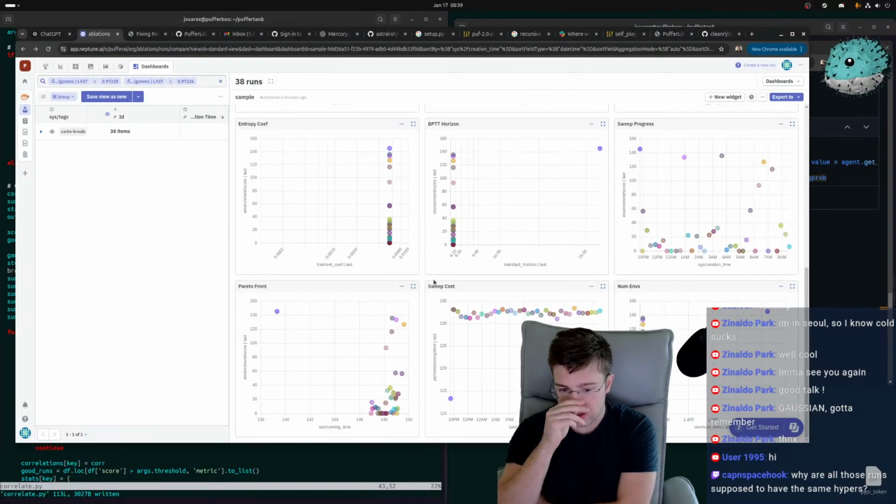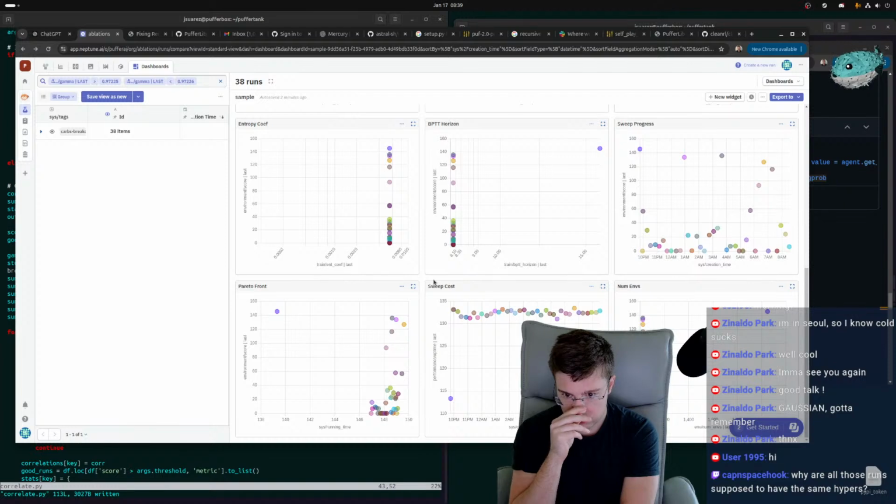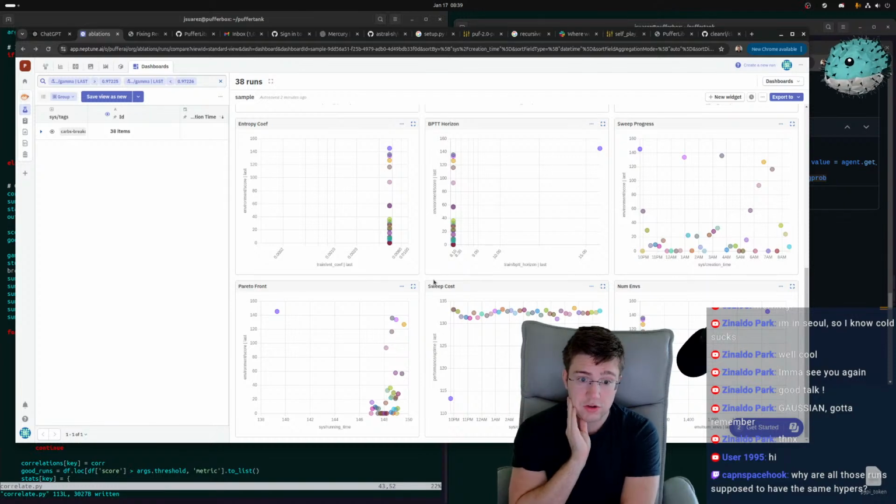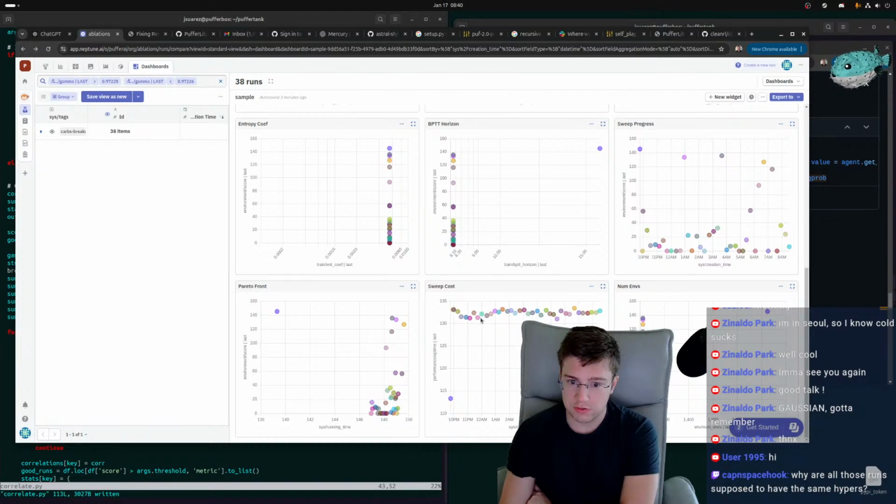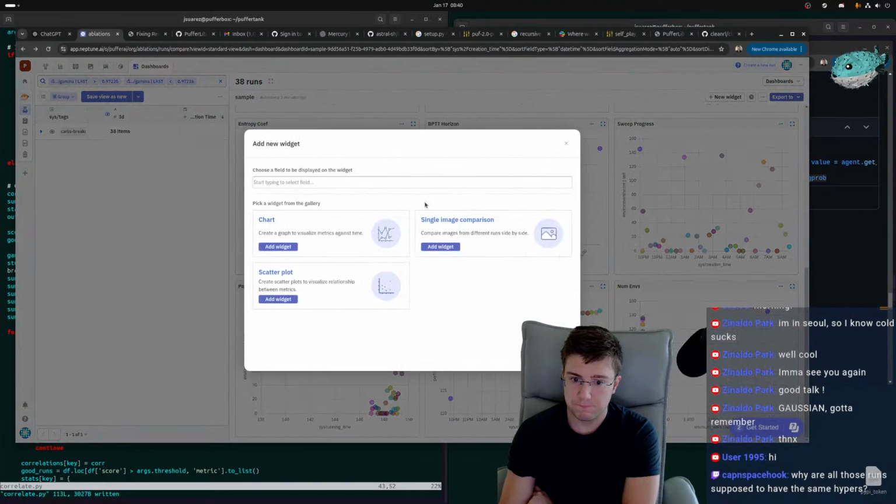So we have 30. I mean, I think these aren't getting applied correctly, but I think that they are getting applied correctly because look at this. All the runs take almost the exact same amount of time. So, num-m's, batch size, all these things. I should add batch size to this chart.